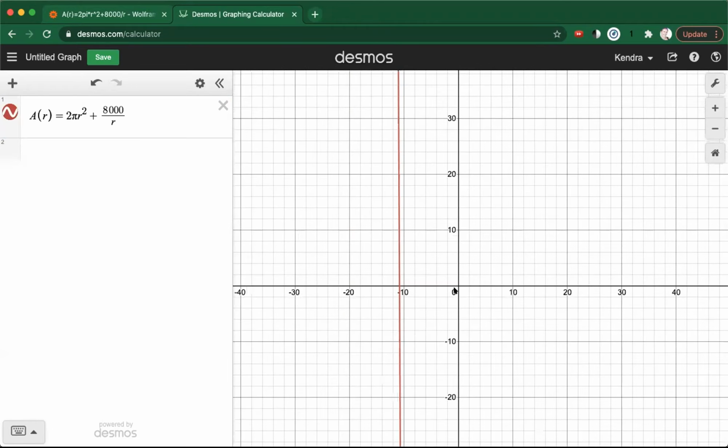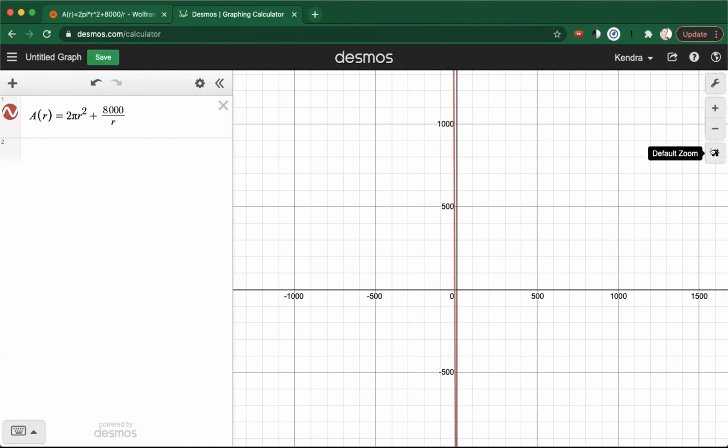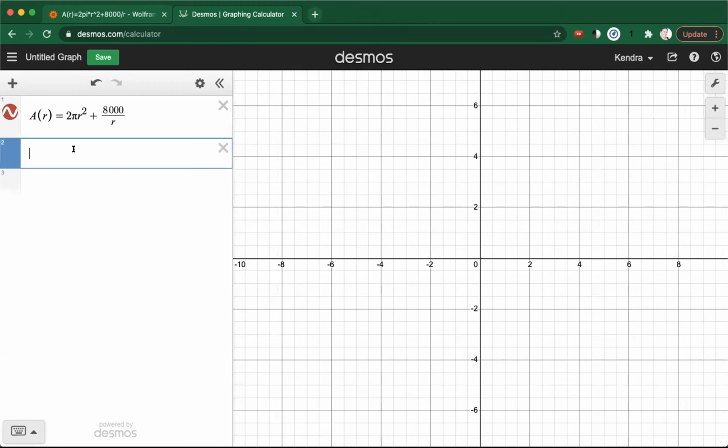Maybe if I zoom way out, I might be able to see something. But instead of doing that, I'm going to get some sort of an idea of what's going on. So I got r equals 10 times the cube root of 2 over pi. And instead of the cube root, I'm going to use the 1/3 power. So 2 over pi to the 1/3 power. Okay, so that tells me that the minimum should be happening right around 8.6.